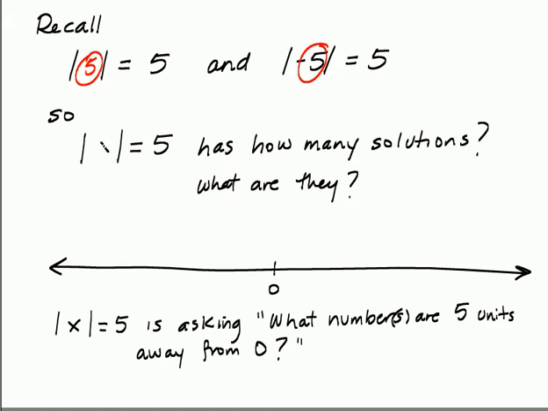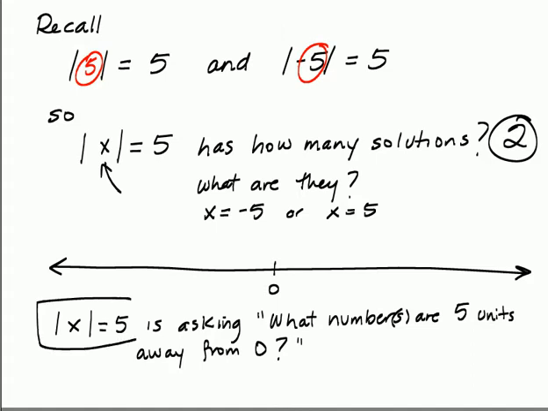So how many solutions does that have? Let's put that x back in there. It has 2 solutions. What are they? Well, solutions are what you can put in for x to make that true. So x could be a -5, or x could equal a +5. So another way to look at this, when you see the absolute value of x is equal to 5, it's like asking, what numbers are 5 units from zero?